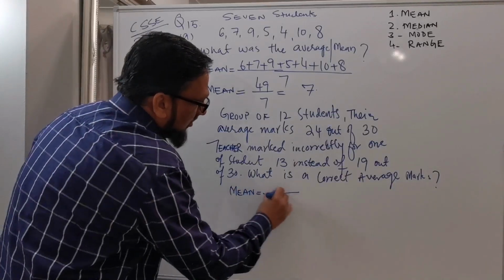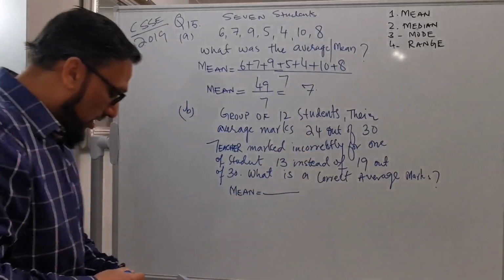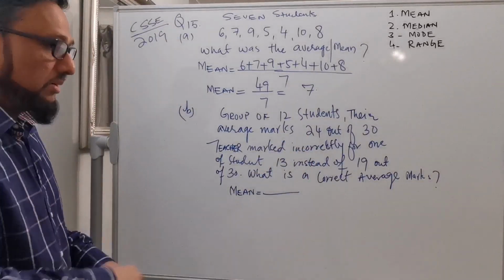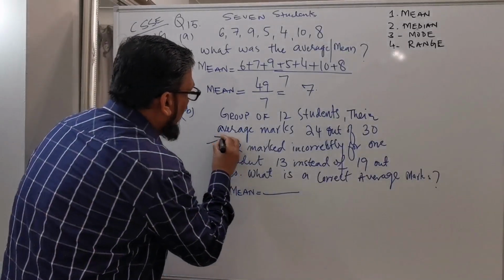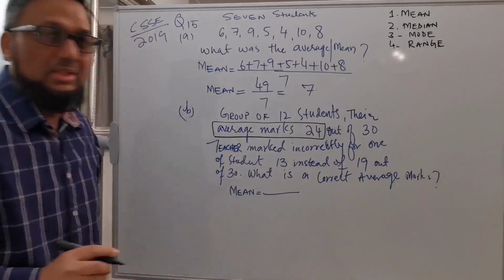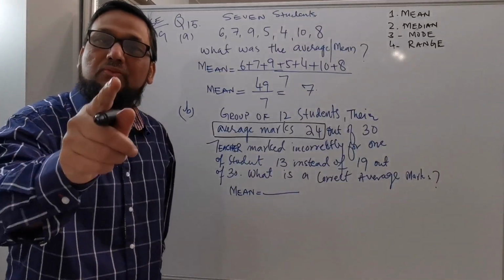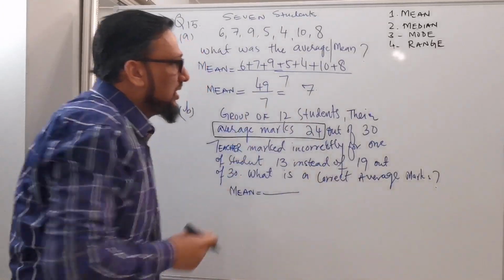equals the sum of the data, which we don't know, because in this question they are giving you the mean already. Average marks 24 means they have already given you the mean.